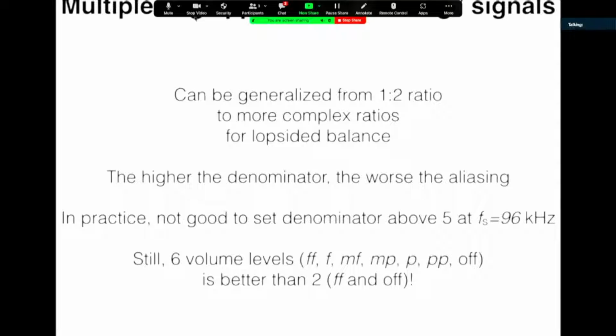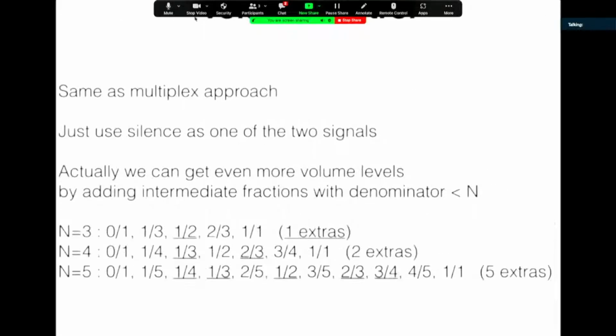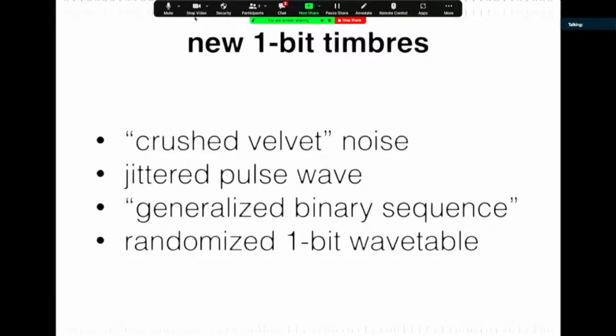Anecdotally, I think it's not good to set the denominator above 5 if you're using a normal audio sampling rate. You can also use this to do volume control, essentially balancing the volume between silence and a track. That's some of the ways in which I've been generalizing mixing in 1-bit music.